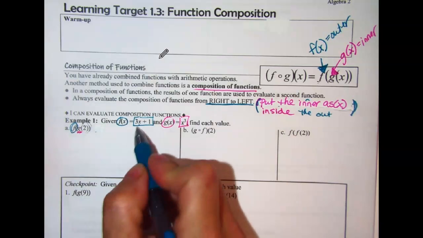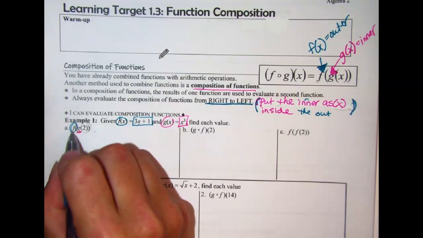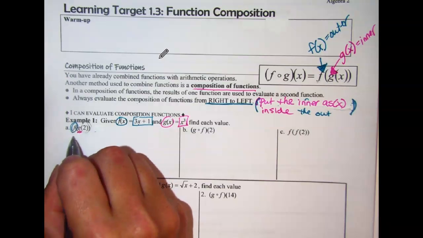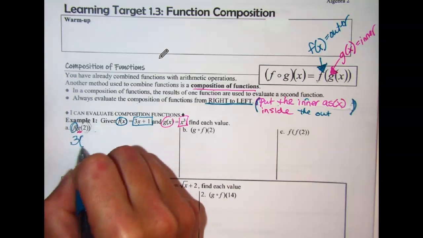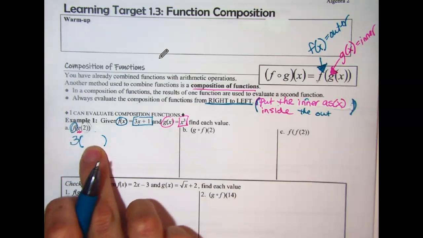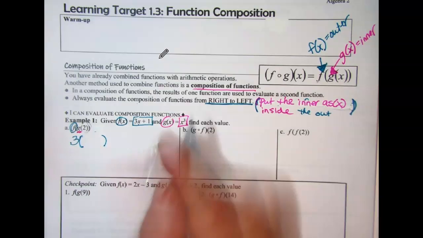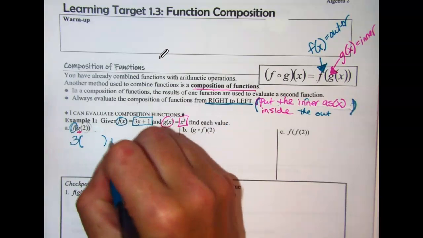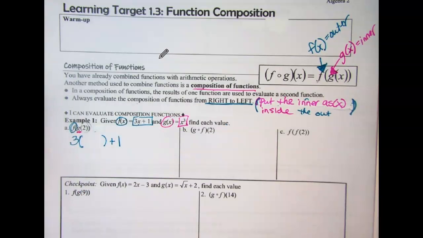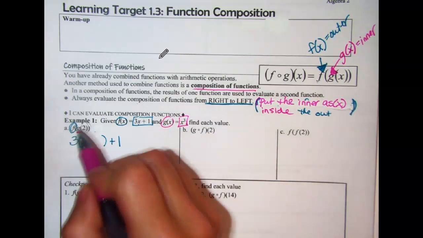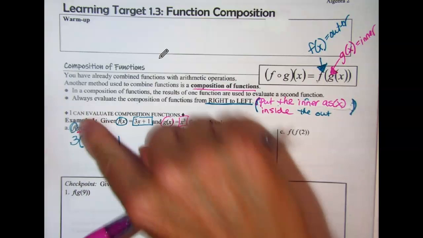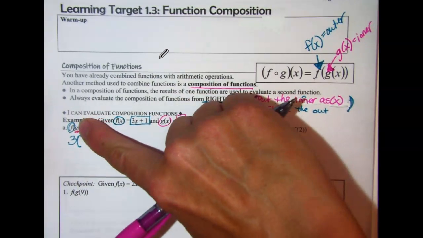So I'm going to write the function for f. That's our outer function. We write that one first. 3, and then I'm going to leave a blank set of parentheses because that's where our x goes, plus 1. And remember, with the composition of functions, what I like to do is take this inner function, whatever g is, again, ignoring the number for now, we're going to use that at the end.